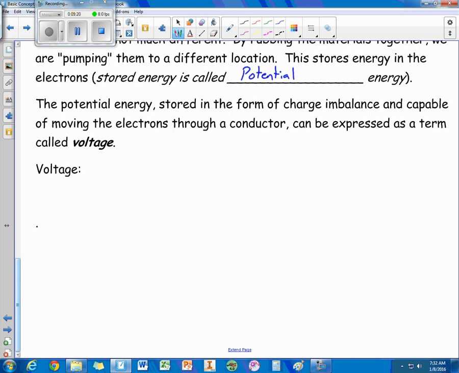So what voltage is, is the energy per unit charge, and the higher the voltage, the more potential energy each charge has.